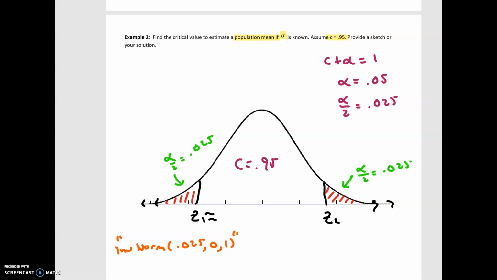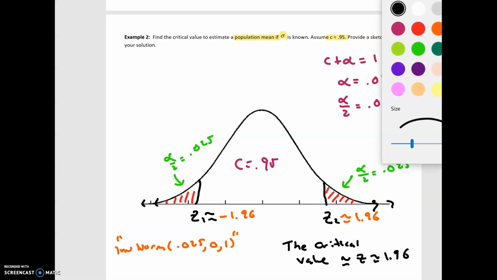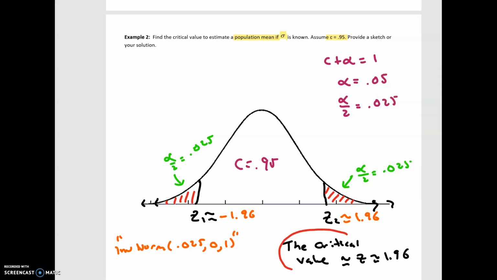I'm getting on this one that it happens to be negative 1.96. This specific value is 1.96. So in this case, the critical value z is approximately 1.96. Your final answer is going to be the 1.96, and it's always the one that happens to be on the positive side.